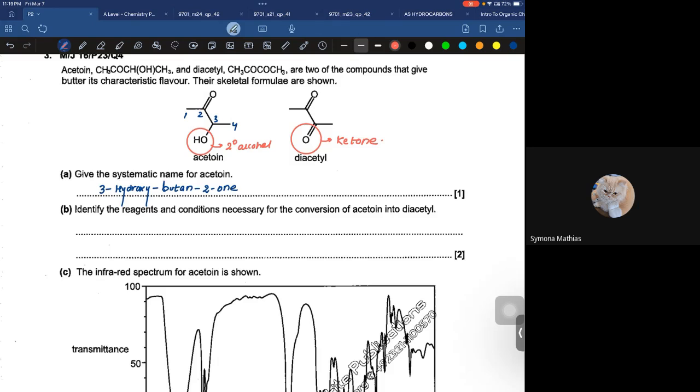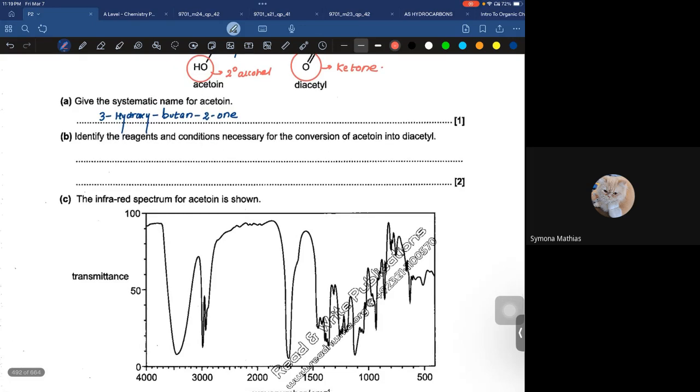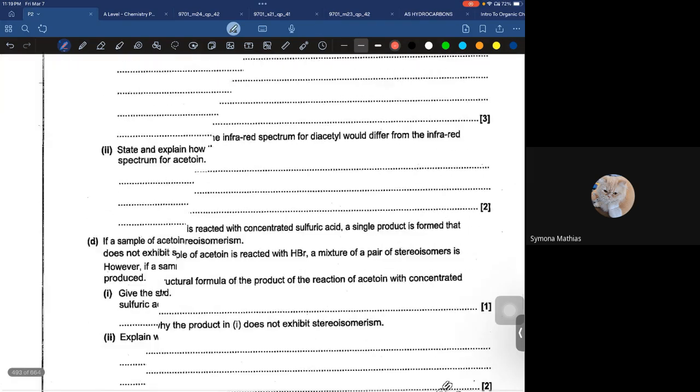I am supposed to use an oxidizing agent, that is your potassium dichromate. We can also write Cr2O7 2-/H+, and heat under reflux.